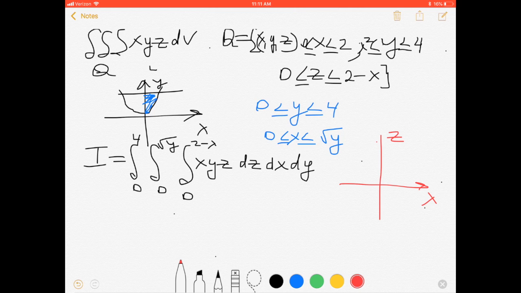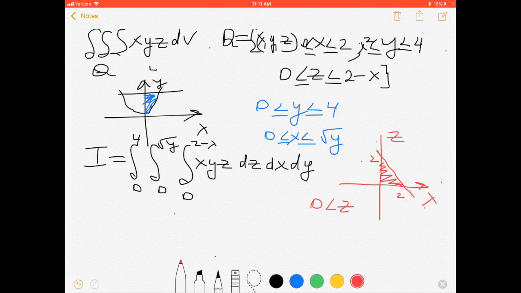And here we have a line. Remember, z is 2 minus x. This means this kind of plane, right? This is 2, this is 2, and this is our region. How does z change here? z changes from 0 to 2.